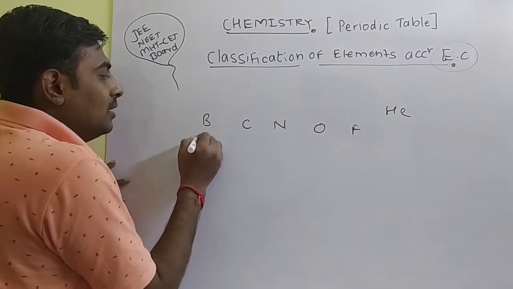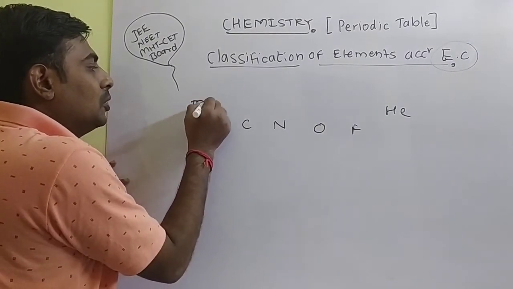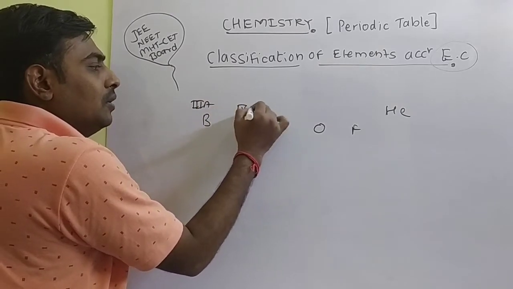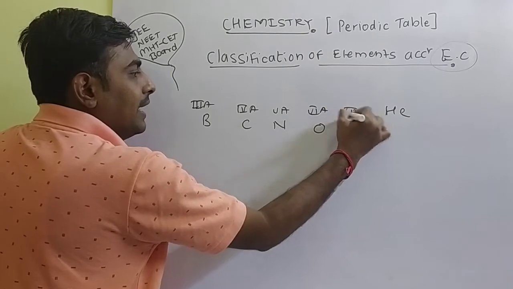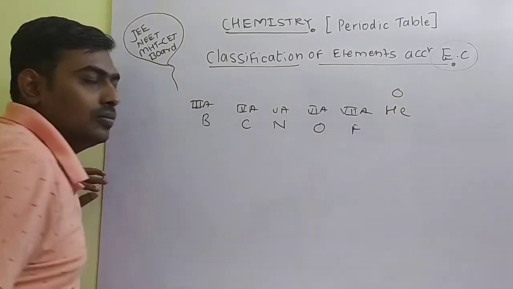Boron family is the third A group, then the fourth A group, fifth A group, sixth A group, seventh A group, and the zeroth group.